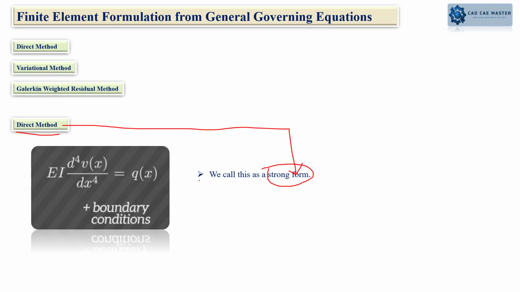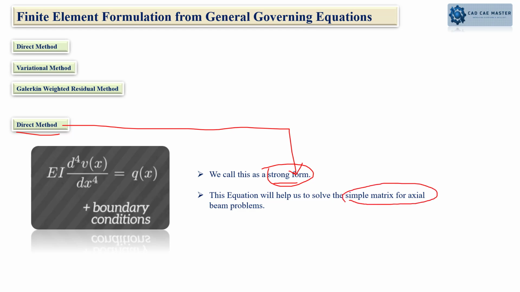So this particular equation is known as the strong form, and the disadvantage of this one is it will only help us to solve the simple matrix of the axial beam problem.